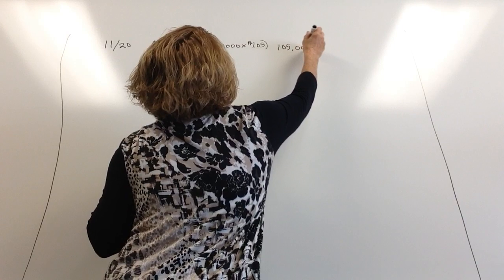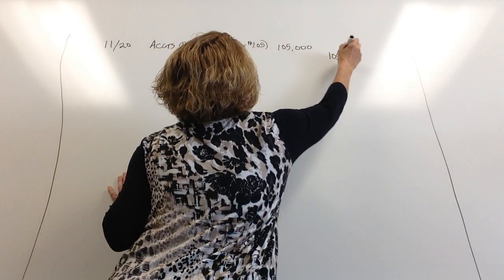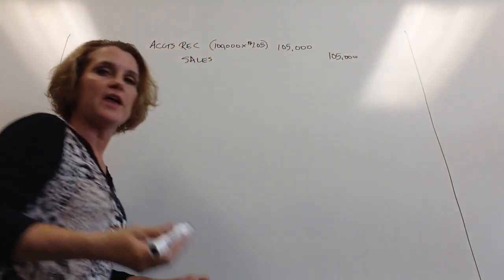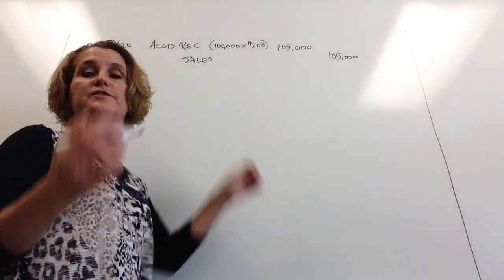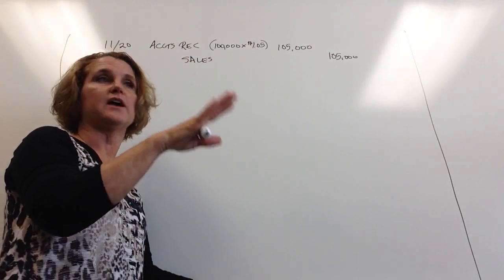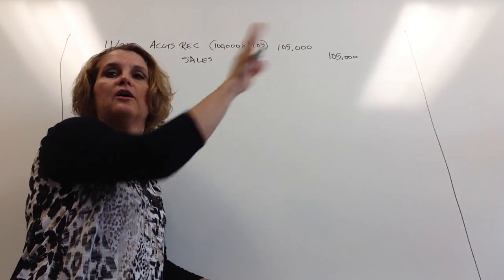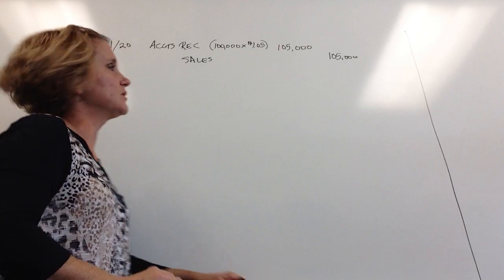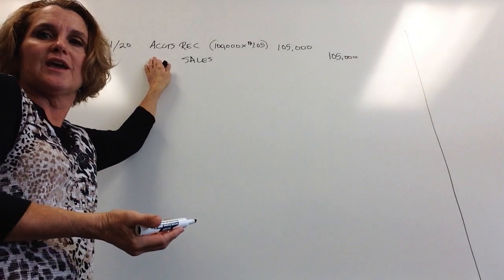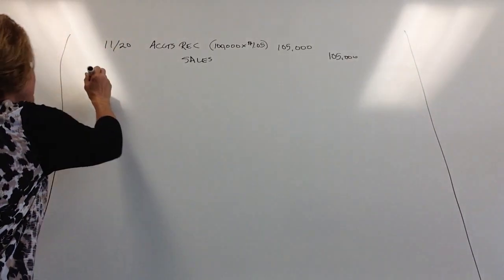So it's going to be $105,000. So if they had paid us right then, we would have received $105,000. They would have paid us 100,000 Swiss francs. It would have gone into our bank. Our bank would have given us the exchange rate, which would have been $105,000. However, we didn't get the cash. It's in an accounts receivable.